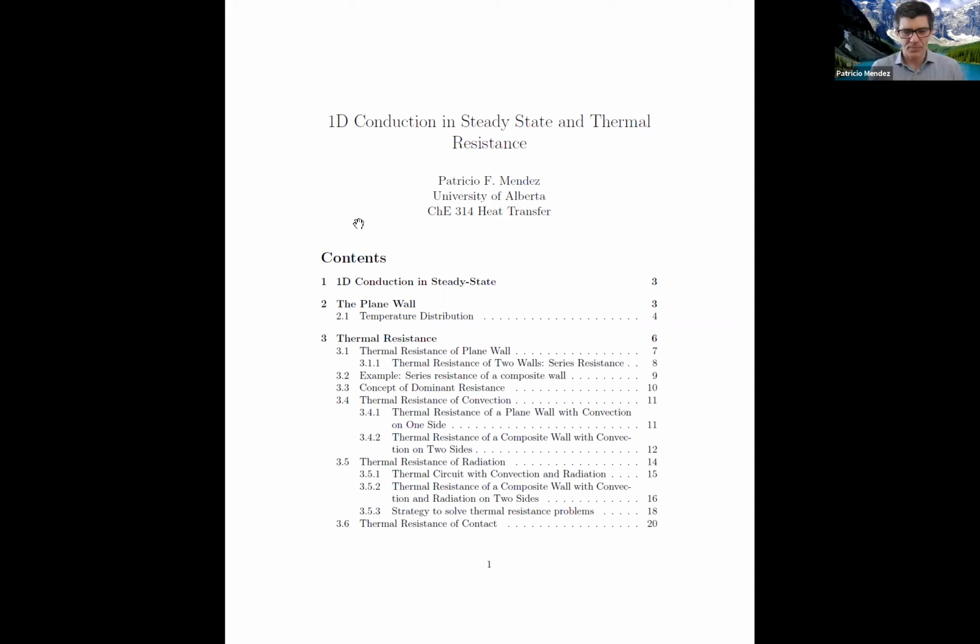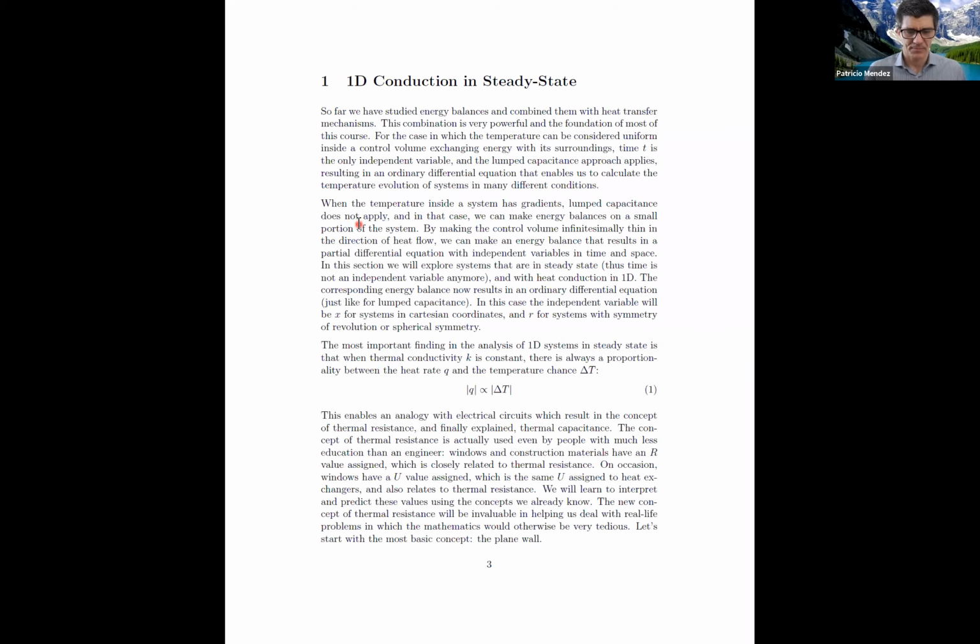All right, we're good. So let's look at conduction in steady state. I just mentioned to you that we are going to see a proportionality between the absolute value of heat and the absolute value of temperature difference. In this case, I put the absolute value so we don't need to worry about signs.